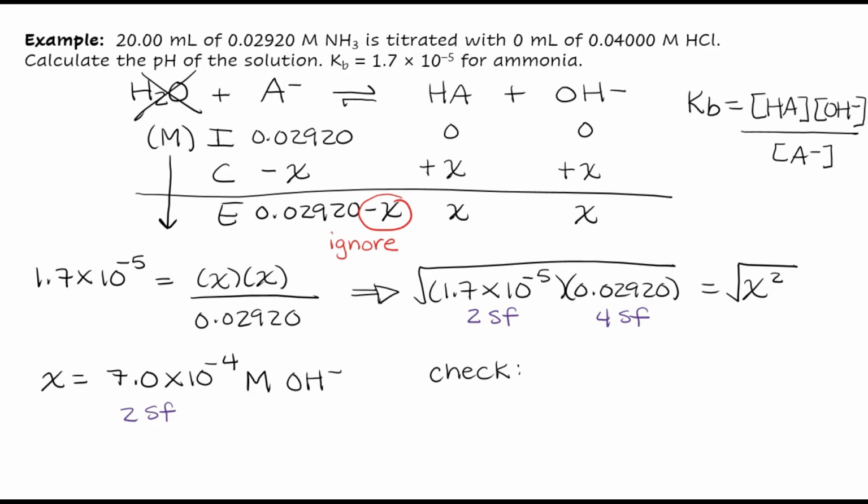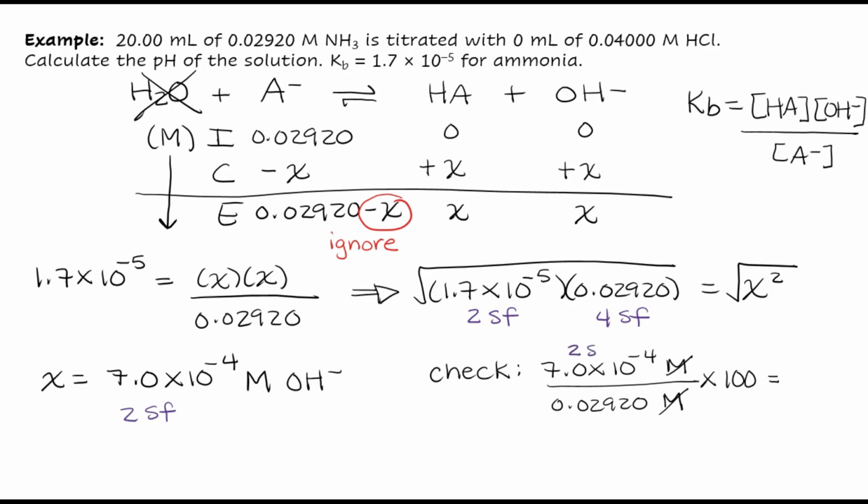We need to make sure it was valid to ignore that change in x, and we do that by taking the x we calculated, 7.0 times 10 to the negative 4, divided by the original molarity, which is 0.02920 molar. Molarity will cancel, and when we multiply it by 100, we'll be left with units of percent.